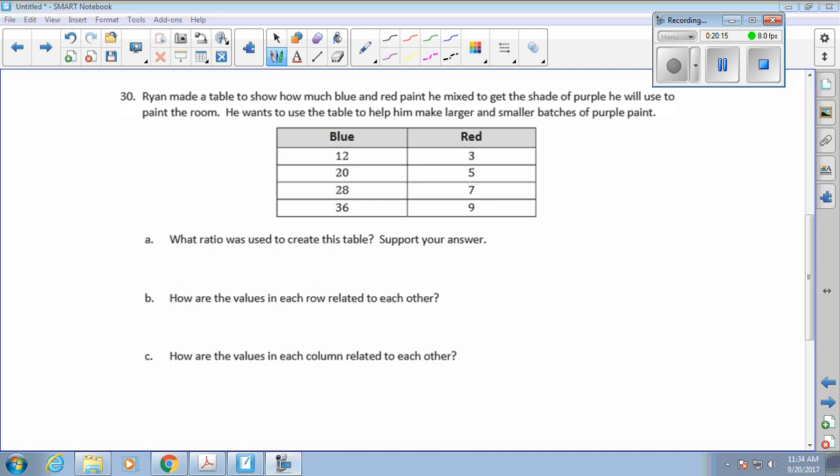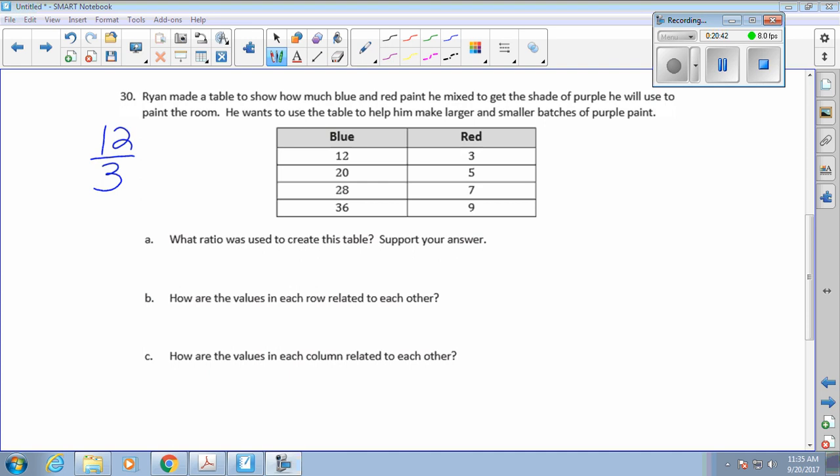Nadia. 12 to 3. 12 to 3. Is that in simplest form though? No, so when you find the value, you've got to put it in simplest form. So can you simplify that for me? I'll help you guys. 12 to 3. Think of it like a fraction. And then you're looking for the greatest common factor for each of those numbers, right?